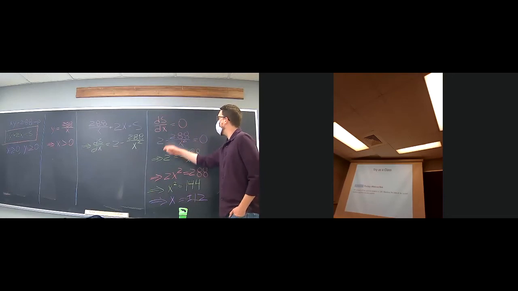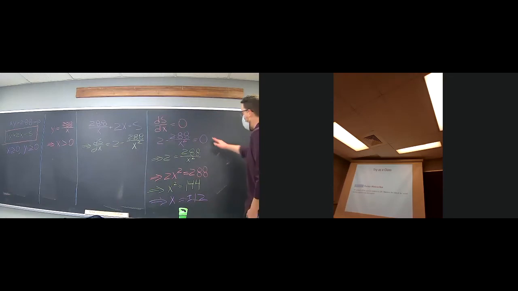Setting it equal to 0 gives us 2 minus 288 divided by x squared is equal to 0. From here, we can solve for x, just following all the math here, and we get that x is equal to plus or minus 12.